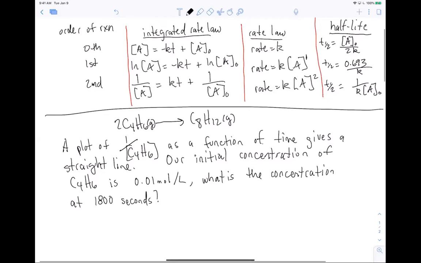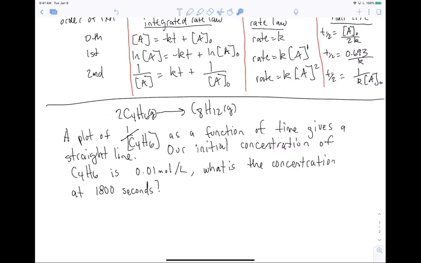The way we're going to read this is, we've got this plot, and the first part tells us the order of the reaction. Generally speaking, for any type of rate problem, your first step is going to be figuring out the order of the reaction, and then you have to think about what they're asking you here.